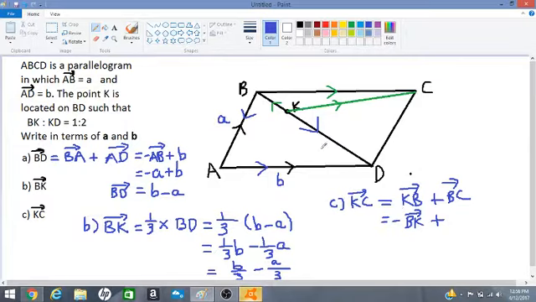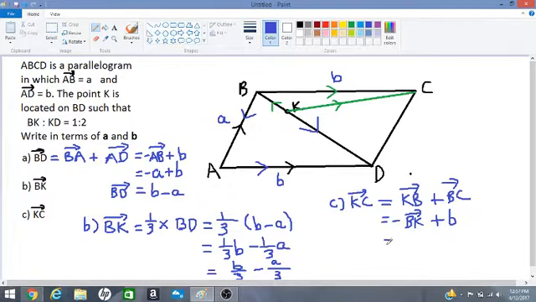Now, opposite sides are equal in magnitude and direction. In this case, because we are going from B to C, the same direction as A to D, the BC has the same magnitude as AD, so we can just write b up here. BC is equal to b.